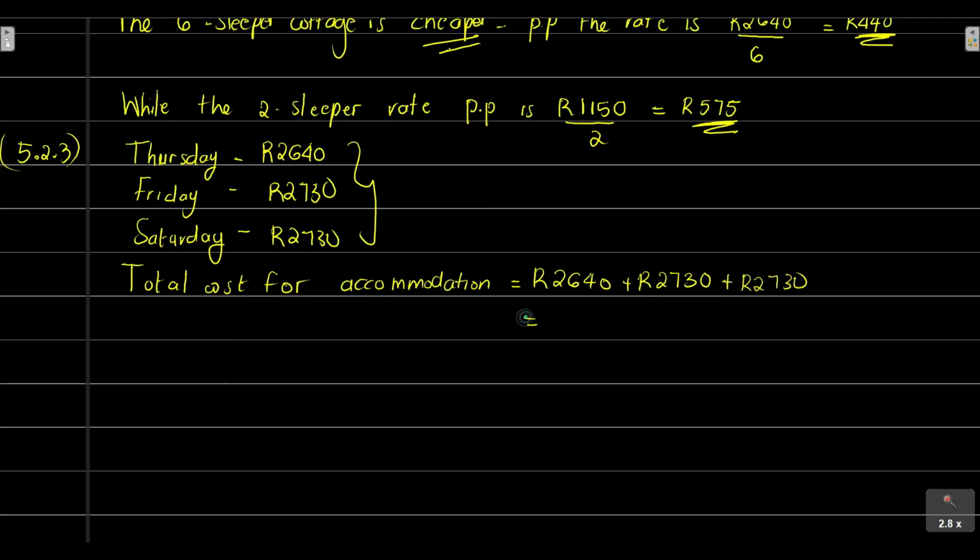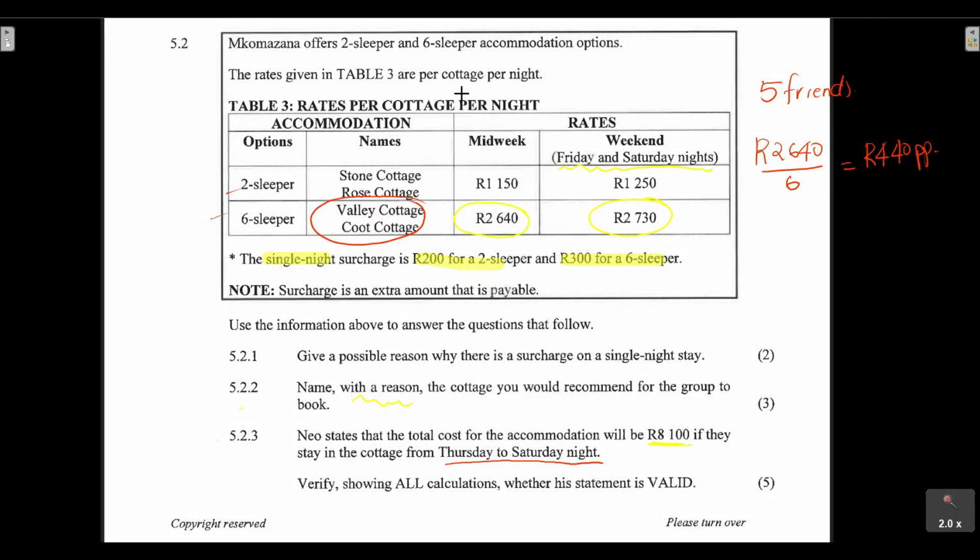If you punch this into your calculator, you see that the total cost for accommodation will be 8,100. So we can confirm that Noah's statement is valid, because the total cost is 8,100. Cool stuff, right? So we're absolutely done with question 5.2.